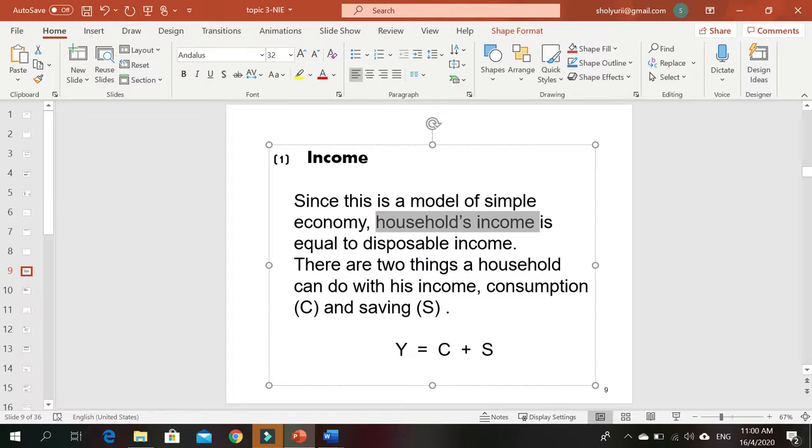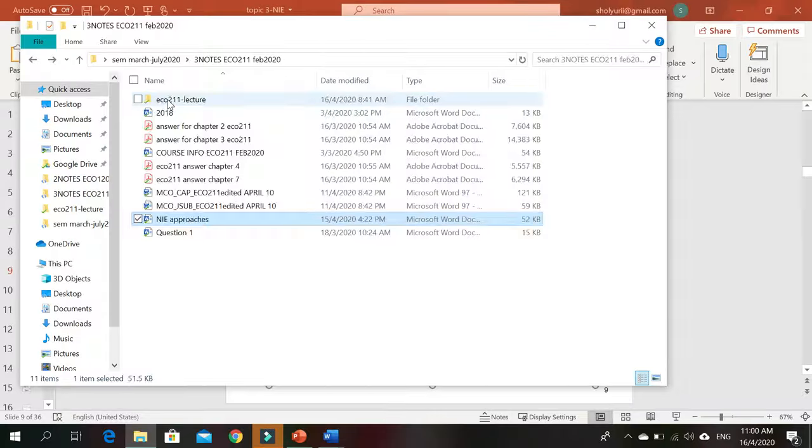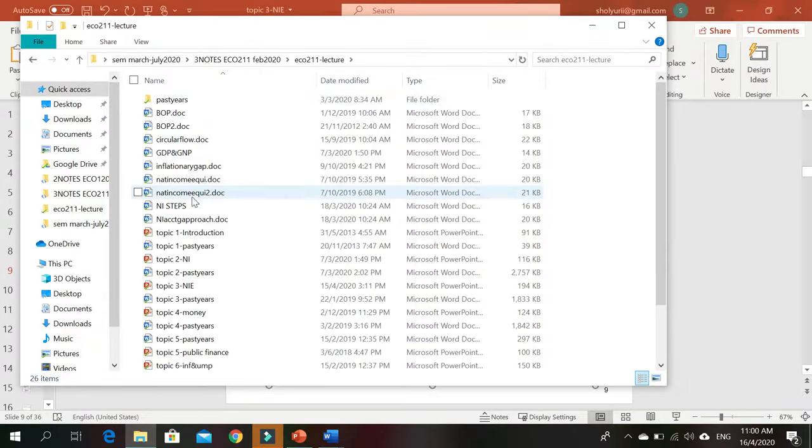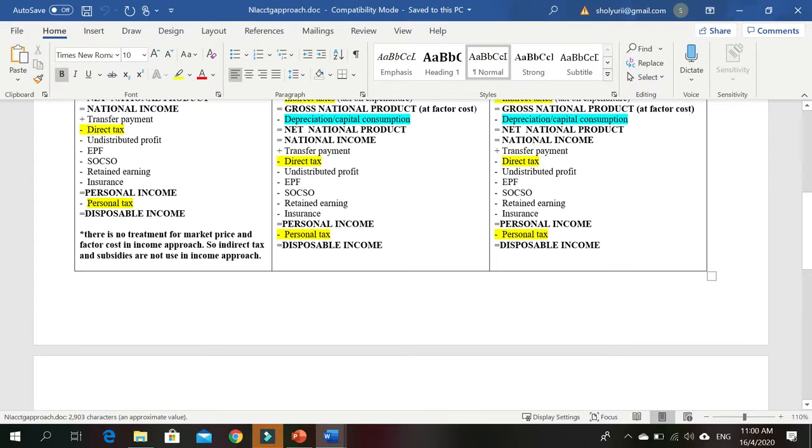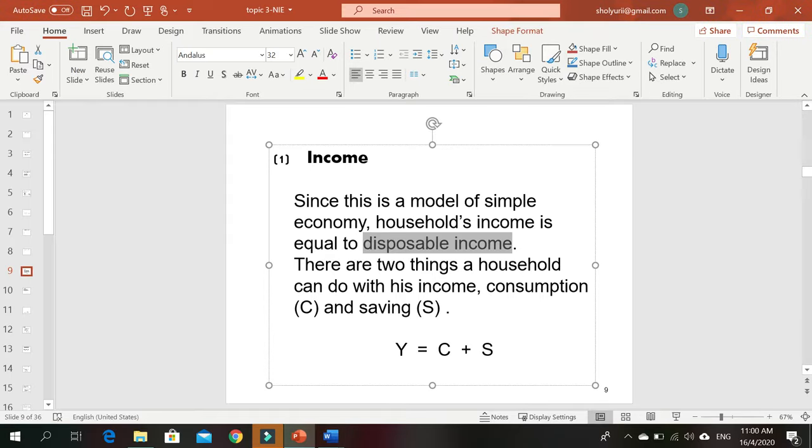Perbelanjaan household sama dengan disposable income. Macam mana nak cari personal income ke disposable income chapter 2? Hopefully you ingat lagi. Kalau nak cari chapter 2, daripada personal income kepada disposable income, okay, you kena tolak personal tax, right? So, tax belongs to the government, right? So, bila kita kata simple economy, so maksudnya masa tu kita cuma ada household and firm.